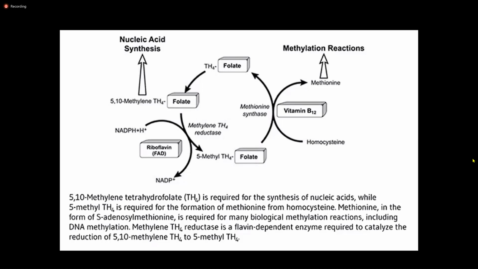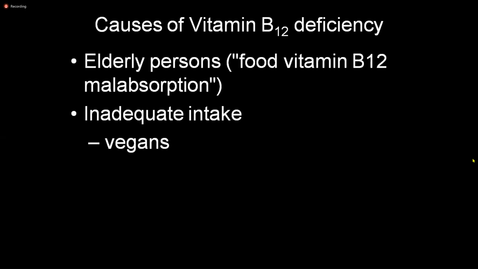Okay, so already we discussed the causes of vitamin B12 deficiency, and the most important are inadequate intake and malabsorption, especially in elderly people above 60, who may have slower absorption of vitamin B12 due to erosion of the parietal cells in the stomach, or due to achlorhydria.